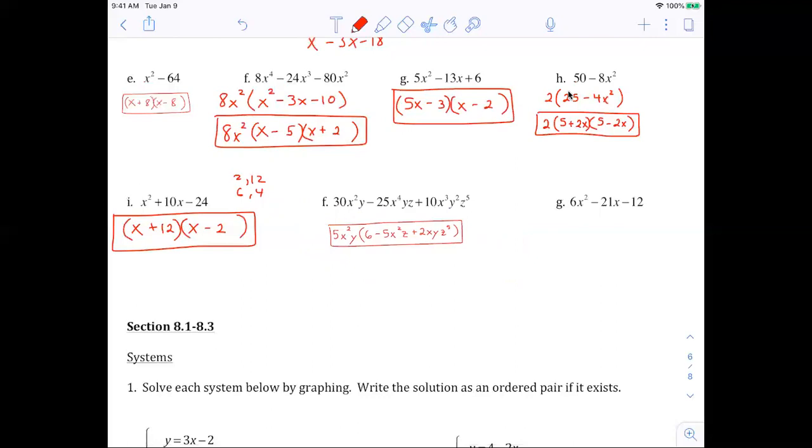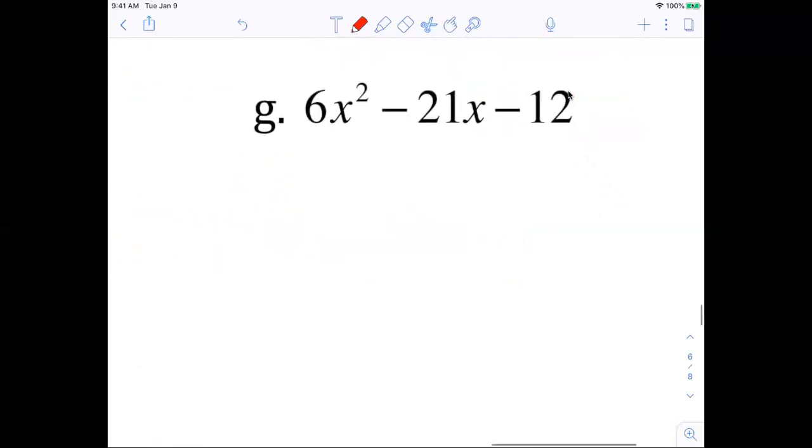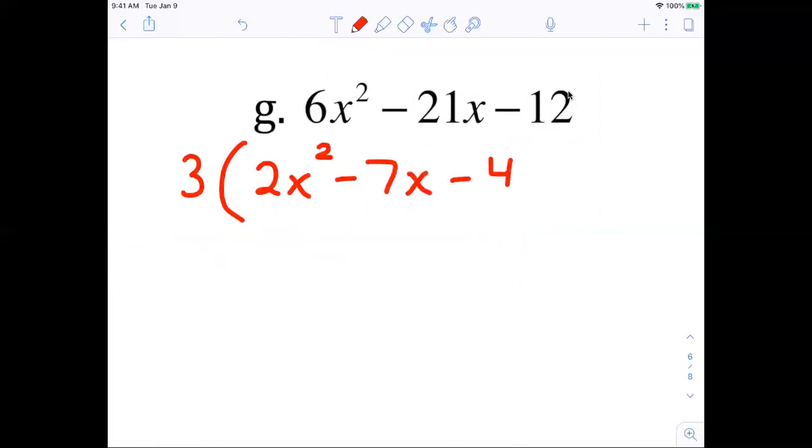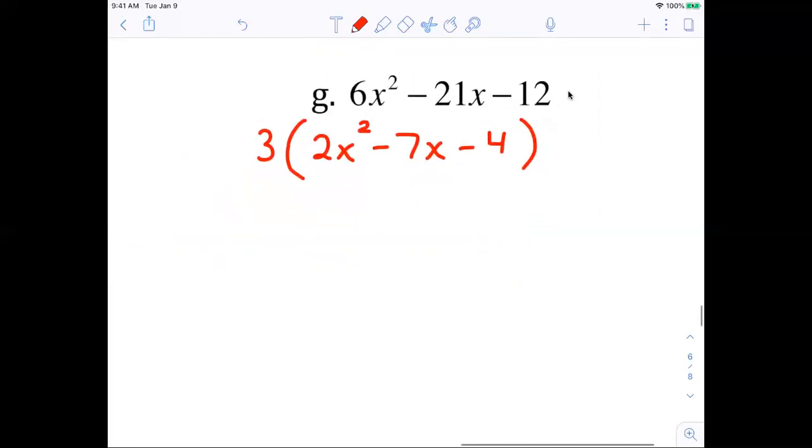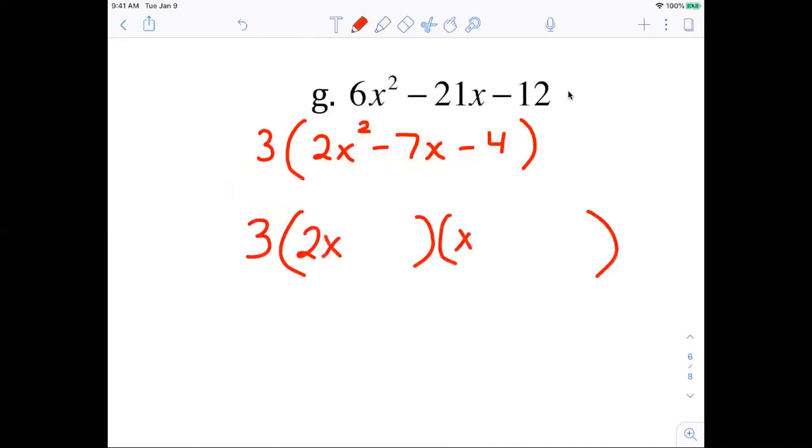All right, last but not least, G. Always look for a greatest common factor, and I think a 3 does factor out in this case, luckily for us. So we have 2x squared minus 7x minus 4. So always factor out a GCF first. Now try and factor the leftover stuff. So my first two terms have to be 2x and x.